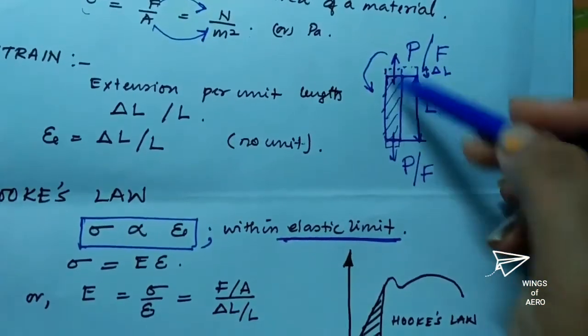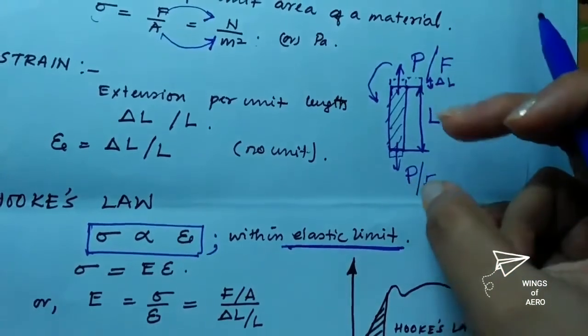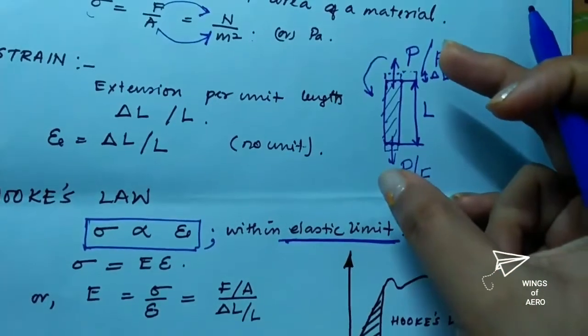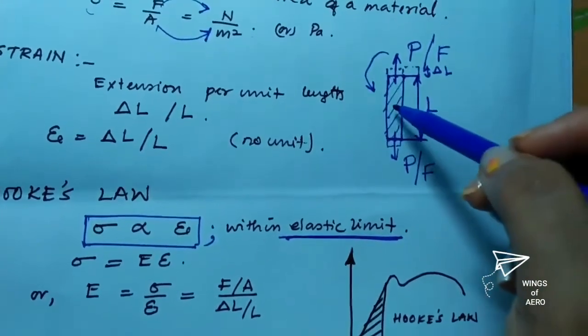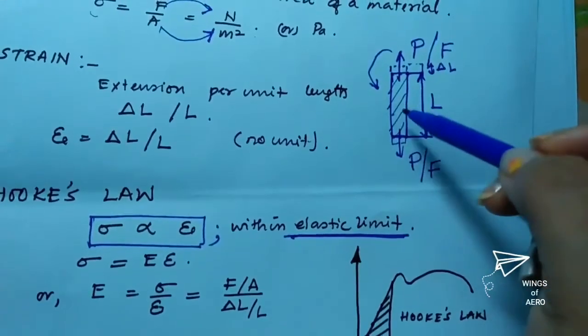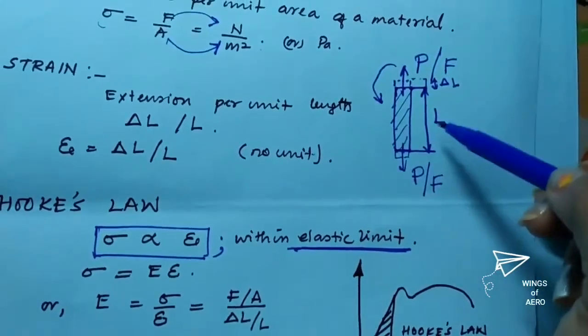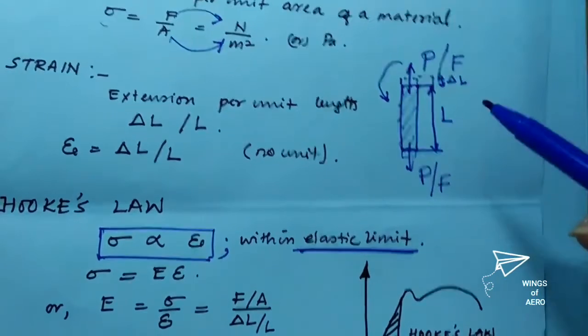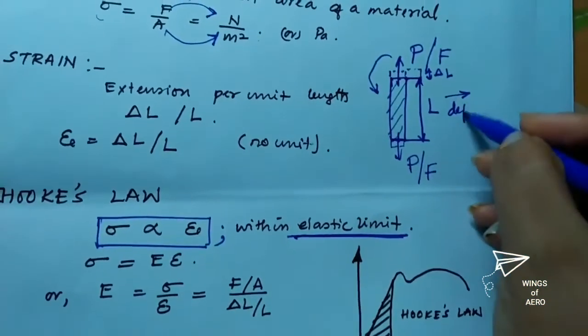As we keep on giving the force on both sides, extending, there will be some change in length. After we release the load, if the material doesn't have the capacity to come back to its original position, original length or dimension, that means it has some deformation.